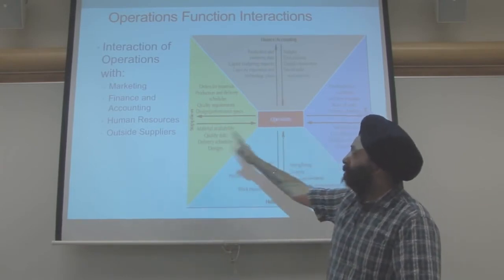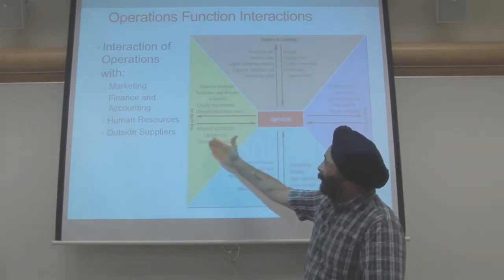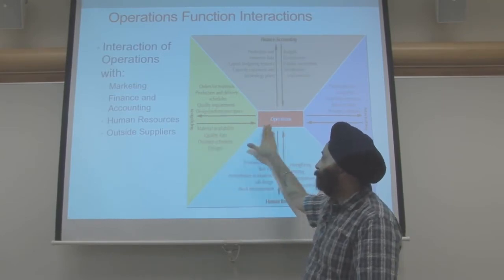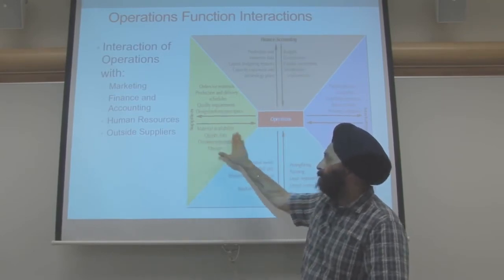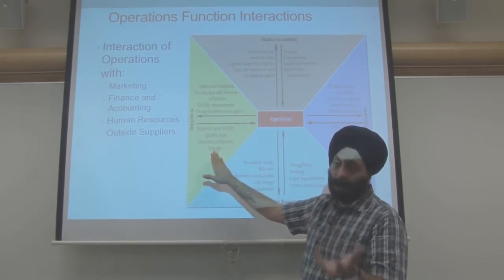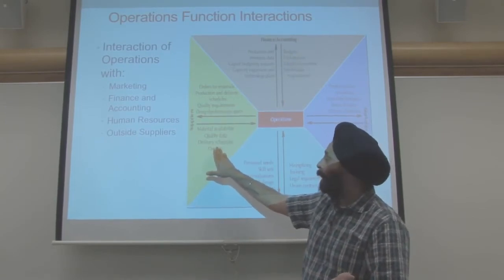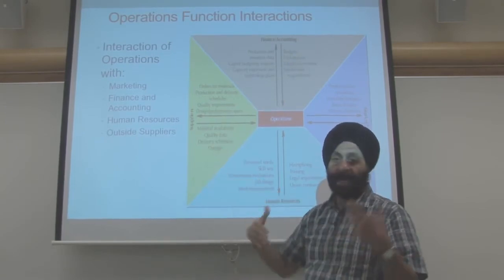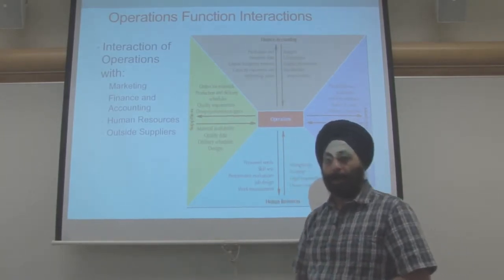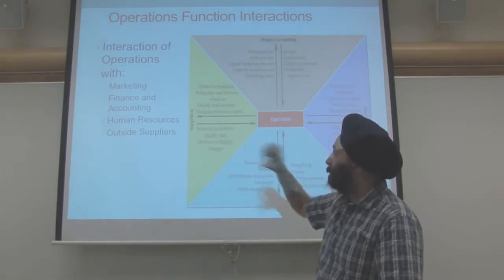In terms of interaction with outside suppliers, suppliers will provide the following information to the operations department: material availability, quality data of what type of product they can produce and at what quality, delivery schedules, as well as the design that they can accommodate in their production of raw material sub-assemblies, if you will.